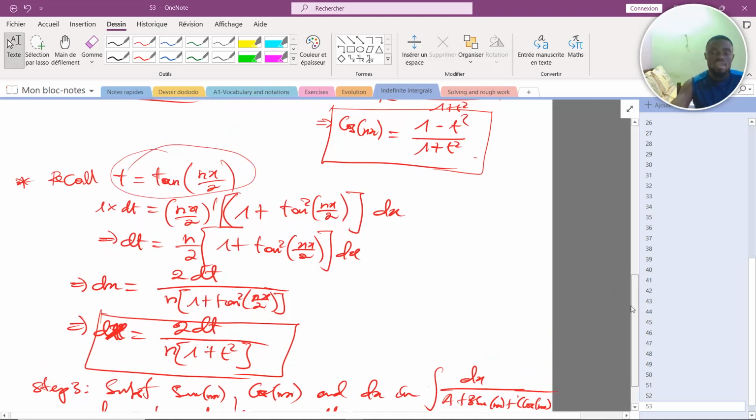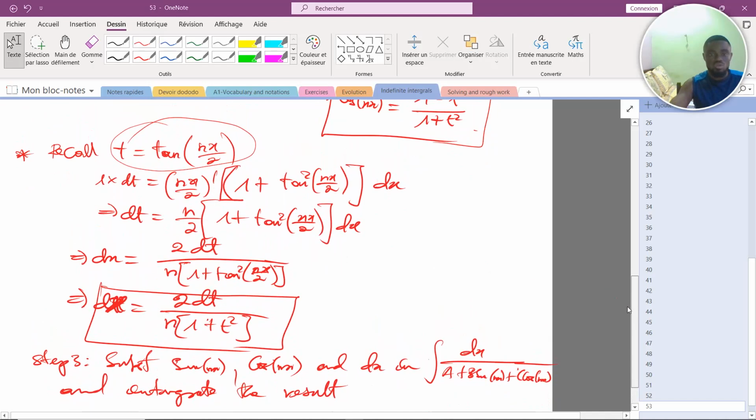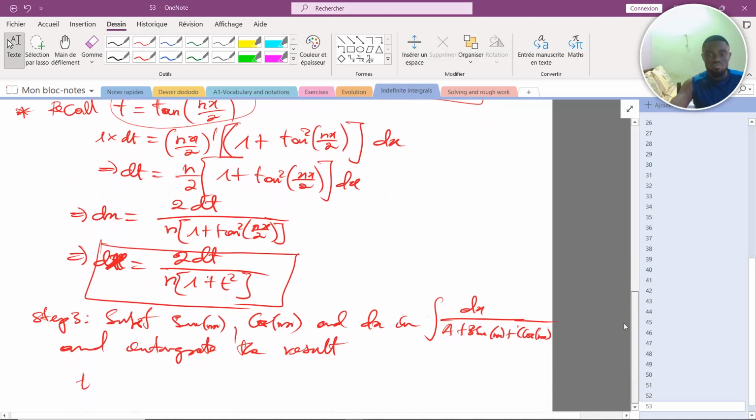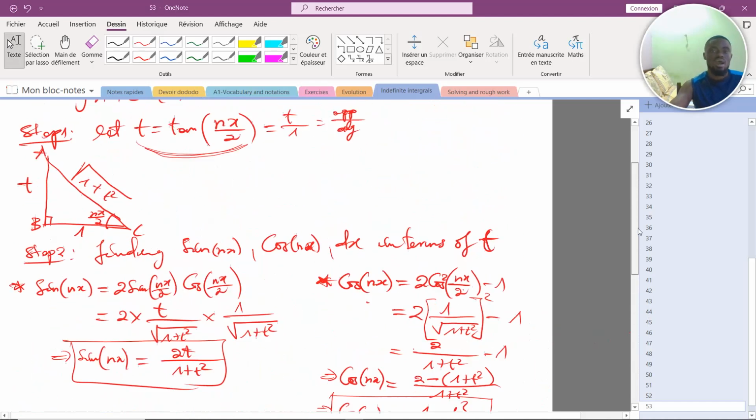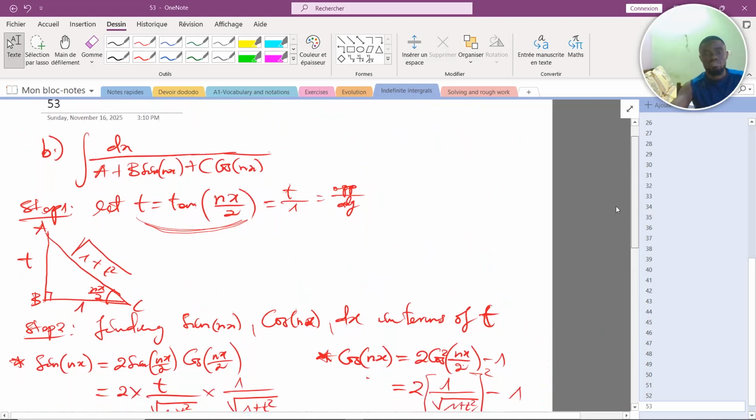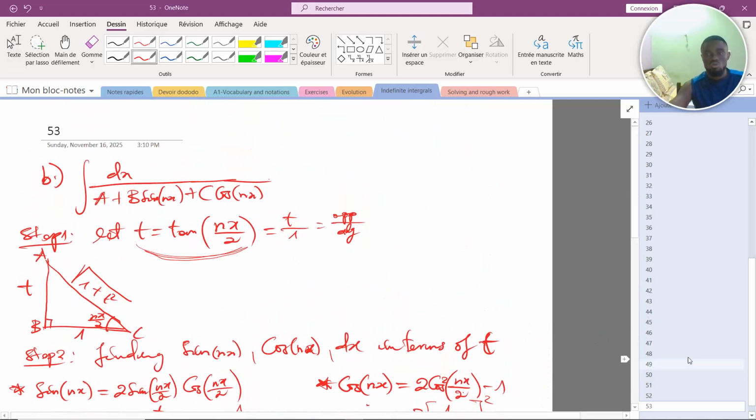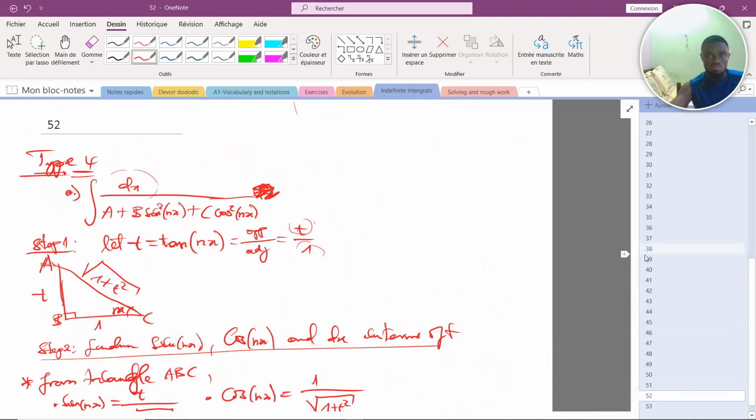So in the final result, when you would have integrated the expression in terms of t, replace where you see t with tan of nx on 2, because the starting integral was in terms of x. So that's basically how you integrate these two forms of type 4.